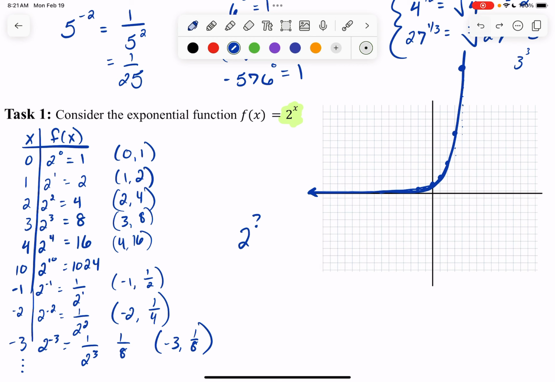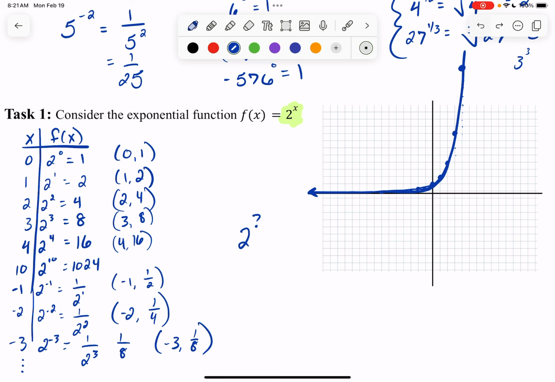Here's our exponential function in general, a times b to the x. A has to be positive, greater than 0, and b, my base, has to be larger than 1 for it to be a growth function.